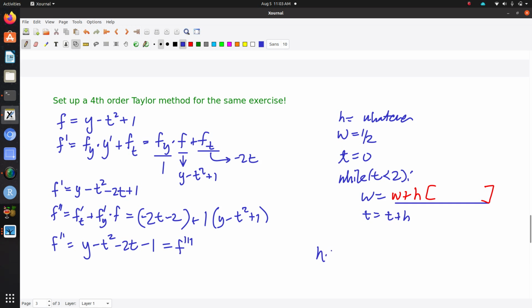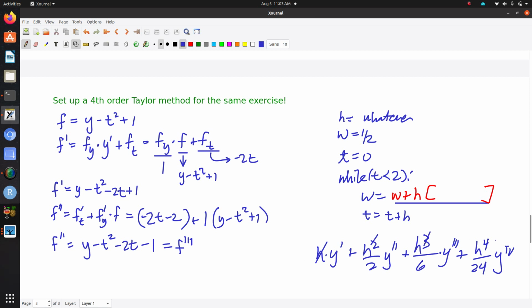It's going to be h times y prime, and then h squared over 2 times y double prime, h cubed over 6 times y triple prime, but I want a fourth order. So yeah, I think I need one more derivative, h to the fourth over 24 y to the iv. Okay, but now what does that equal? Since one of the h's is gone, and then all the y's get knocked down to f status.